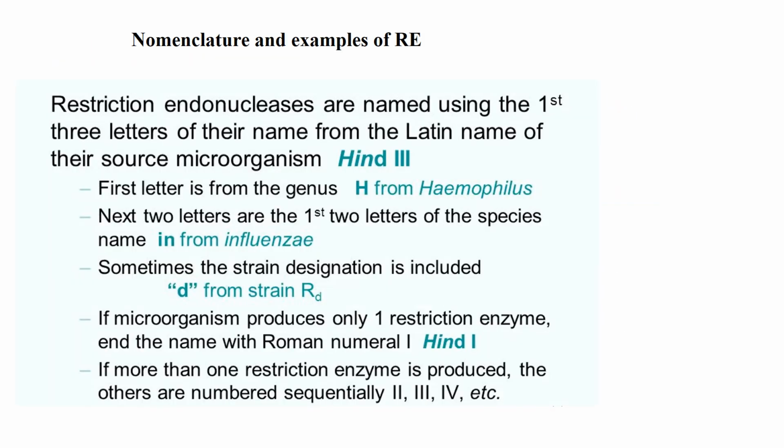How do we name a restriction enzyme? There is a basic principle. Suppose Hind 3 is an example of a restriction endonuclease. H is derived from the first letter of the genus Haemophilus, and in is derived from the first two letters of the species. Here Haemophilus influenzae is the microbe.